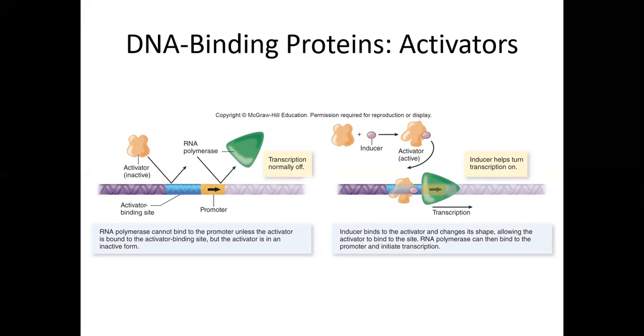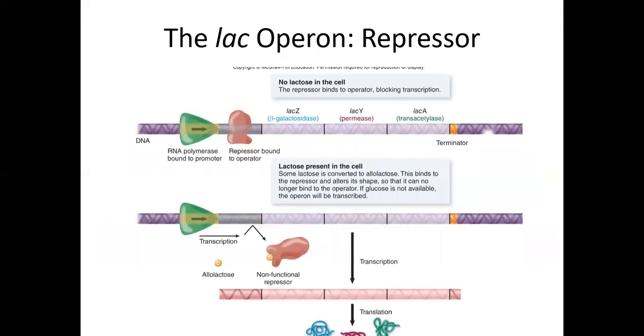Yes, and an inducer would bind to the activator, change its shape, and allow the activator to bind to the site. So I guess a big picture is that you have repressors and activators that need co-repressors and inducer molecules, right? All about signaling.